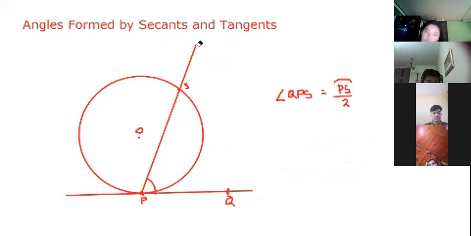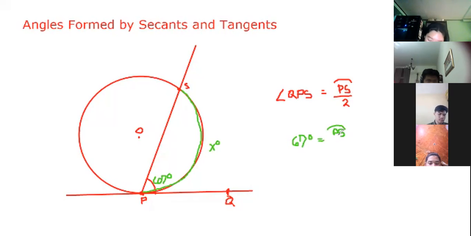Another example, we have the measure of this one is 67. So, kung ito ay 67 degrees, so the measure of angle QPS is 67 degrees. What is the measure of this arc PS? So, we're going to find this arc degree. So, kung 67 yung ating QPS, so we have 67 degrees, then equals to PS divided by 2.